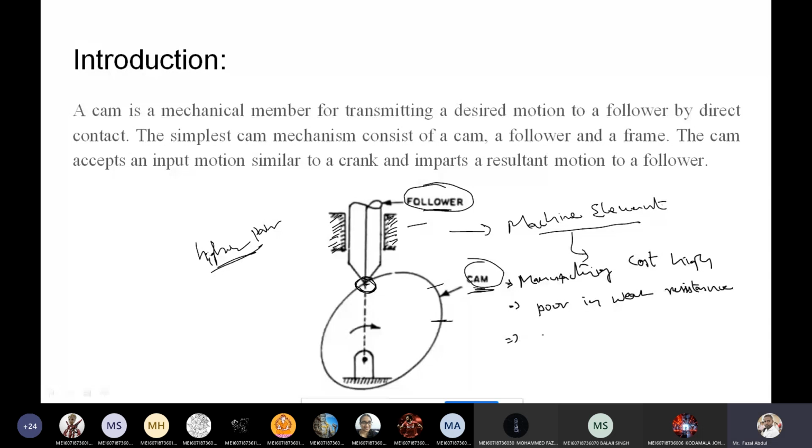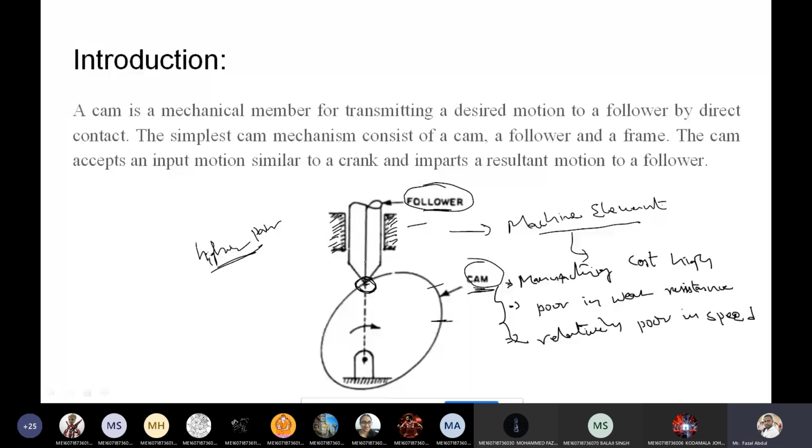Third one is relatively poor speed. These three are the disadvantages associated with these cams.